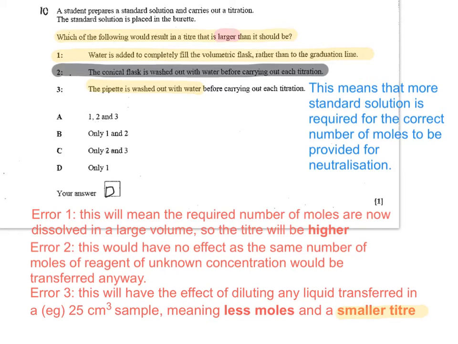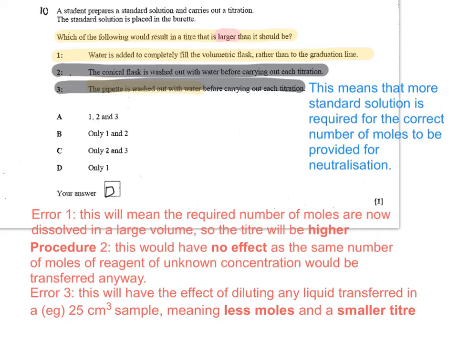We want to find something that would give a larger titer. So therefore, this one as well is not one of our answers. So that means that only D is the answer. And while we're at this, it's interesting to note that the way I've said error 2, if that has no effect, then it's not an error. So we need to really just say procedure 2.